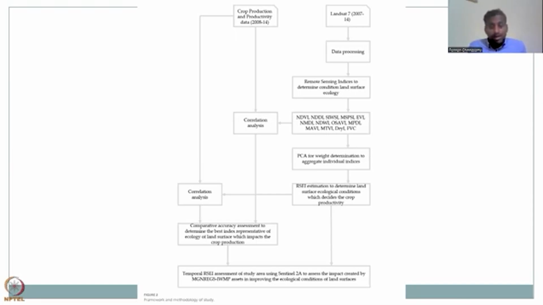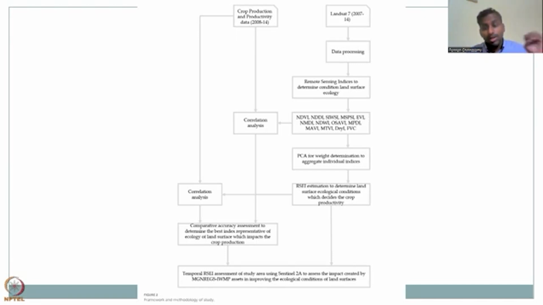So we have to collect the crop production and productivity data from 2008 to 14. For example, in my Dahod paper that I showcased, we didn't have that data because the farmers, as I said, are very small scale farming. They didn't document all these things. But here in Maharashtra, it's a very progressive area where a lot of agriculture is going on. So they always have good data.